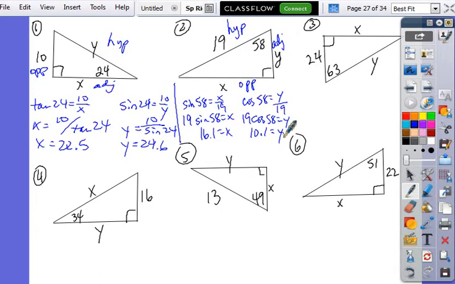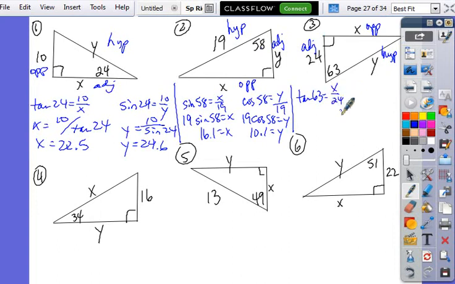All right, for number 3. This would be my adjacent side, opposite side, and hypotenuse. So what would solving for X be? Give me the rule. Tangent of 63 equals X over 24.